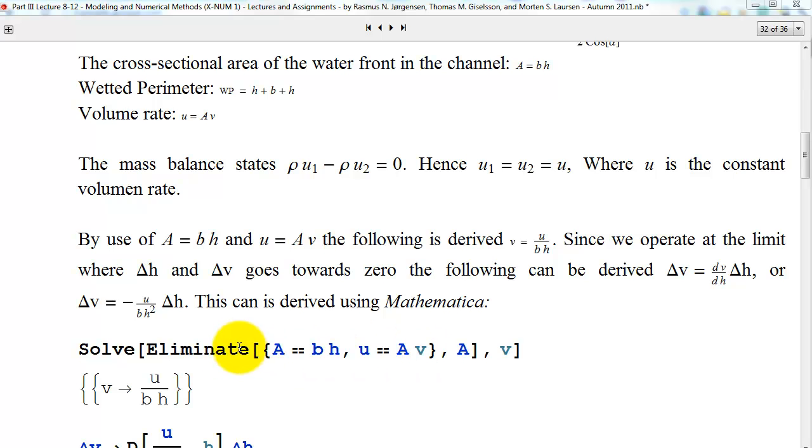And then we use a function you haven't seen before, Eliminate, and that one will try to merge these into one equation and get rid of A. And then we say we want to solve it, so what is the relation of the flow rate here, and it ends up being this.